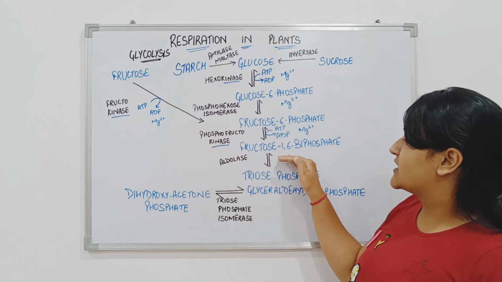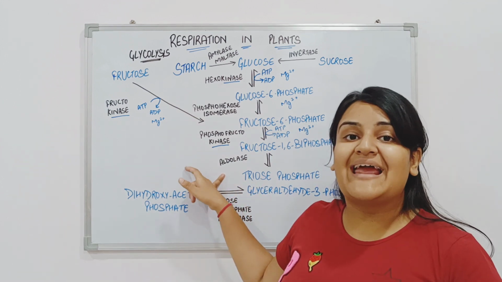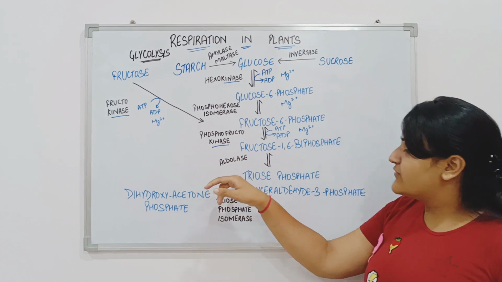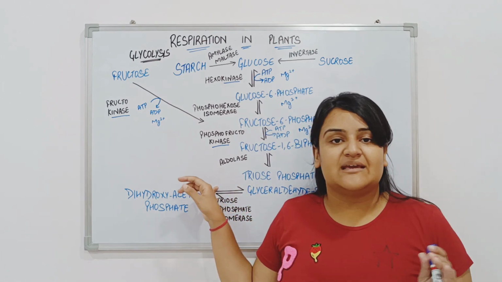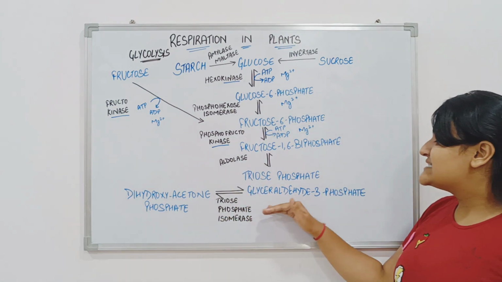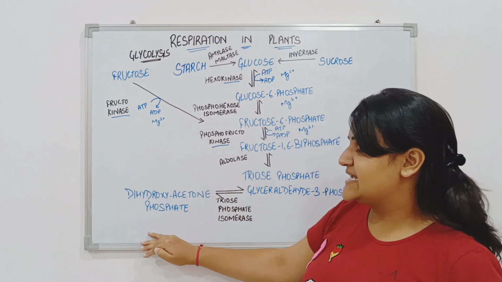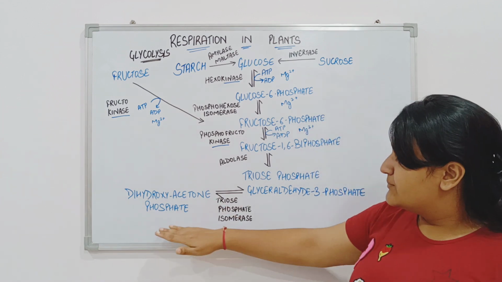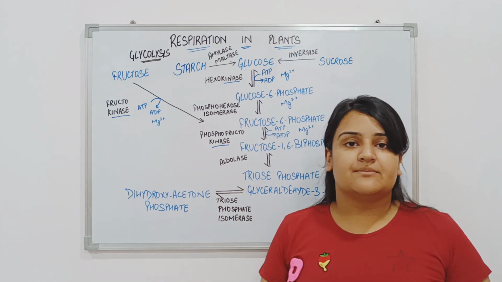Now after fructose 1,6-bisphosphate, in the presence of the enzyme aldolase, triose phosphate will be formed. Triose phosphate is the name given to both of these compounds, glyceraldehyde 3-phosphate and dihydroxyacetone phosphate. Both of these are interconvertible.